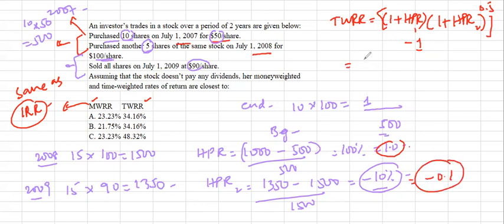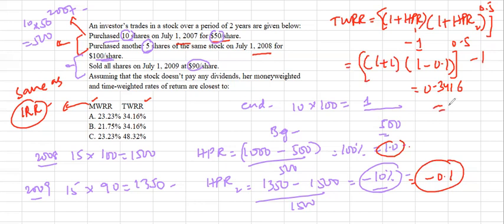So putting it in the equation, 1 plus 1 into 1 minus 0.1, to the power 0.5, minus 1, and we are getting a value of 0.3416, that is equivalent to 34.16%. So the only options that we have are A and B, so we would eliminate part C.